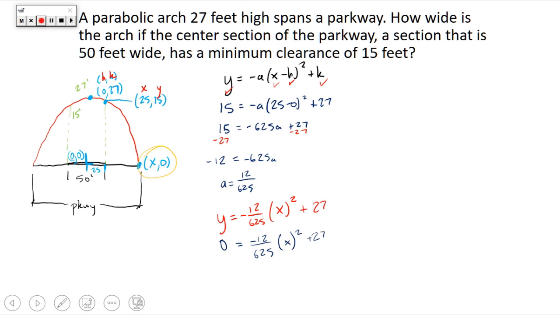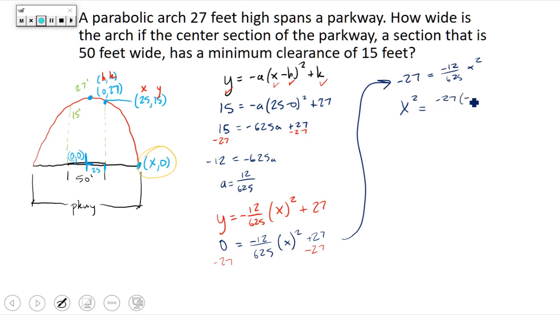Okay, so now let's just figure this out. Let's subtract 27 from both sides. And that's going to give me negative 27 is equal to negative 12 over 625 x squared. If you solve this for x squared, you'll get that x squared is equal to negative 27 times negative 625 divided by 12.